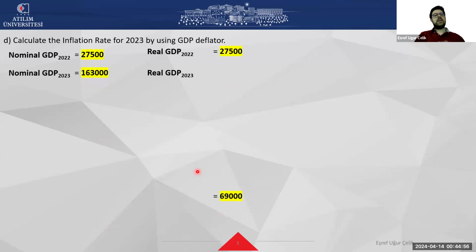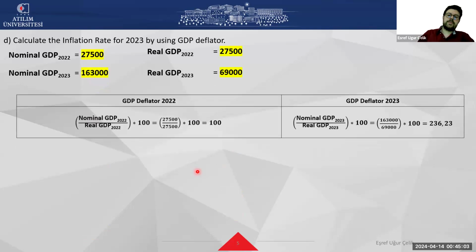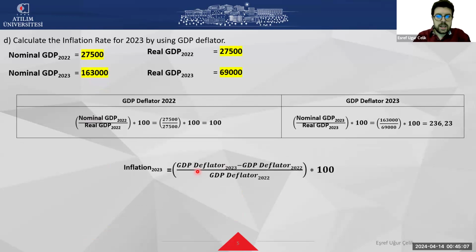Let's remember our nominal and real GDP results on the question. Okay, firstly, I'm going to show everything, then I tell the story. In the question, I asked inflation rate 2023. I said the inflation rate calculation looks like the growth rate.